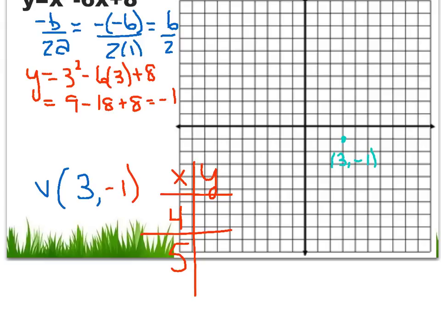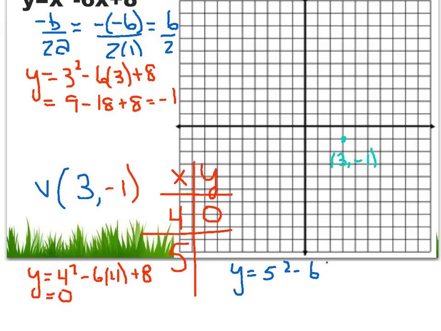So now you're going to plug in x equals 4 into your function. So when I plug in 4, I get 0. And now you plug in 5. And evaluate, and we get 3.